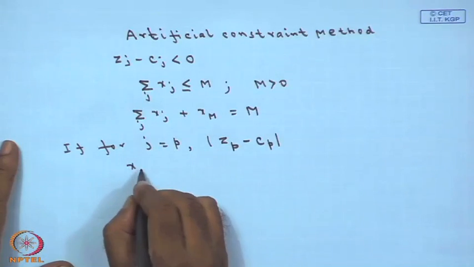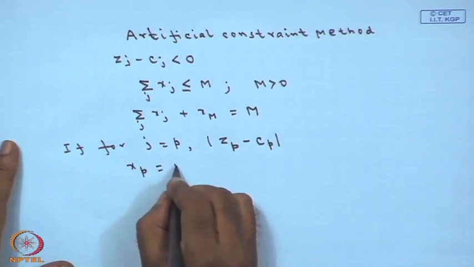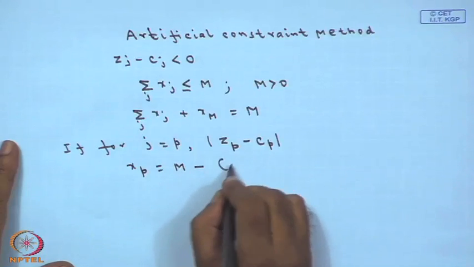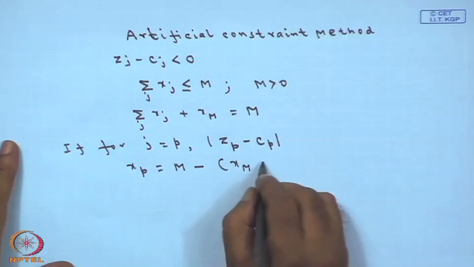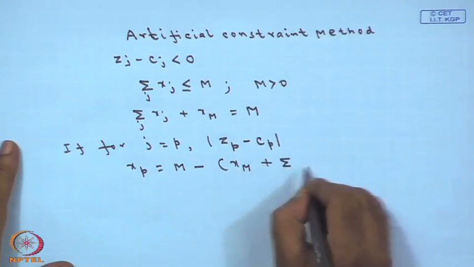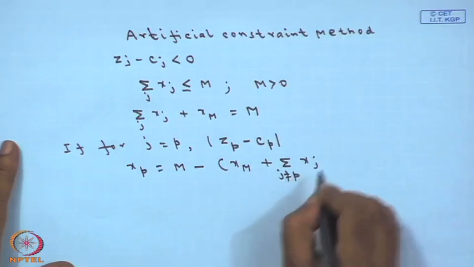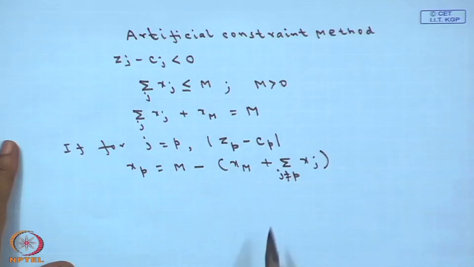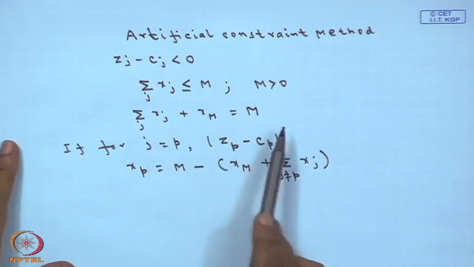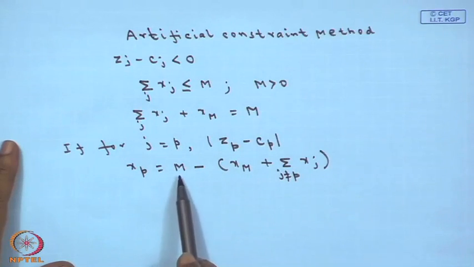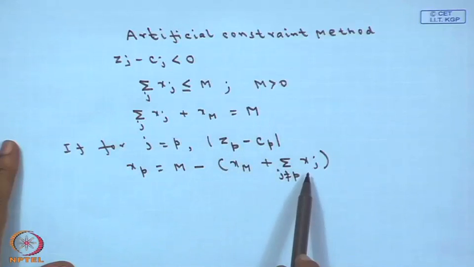In that case, we write x_p equals M minus x_m minus the summation over x_j for j not equal to p.